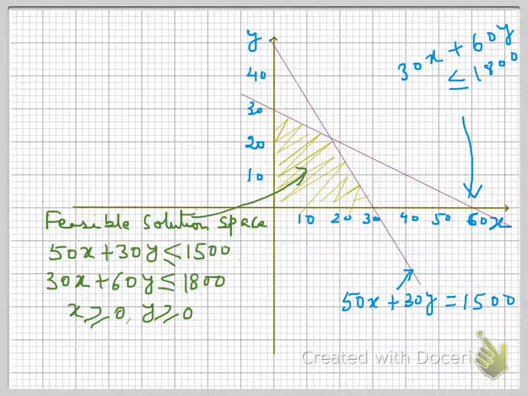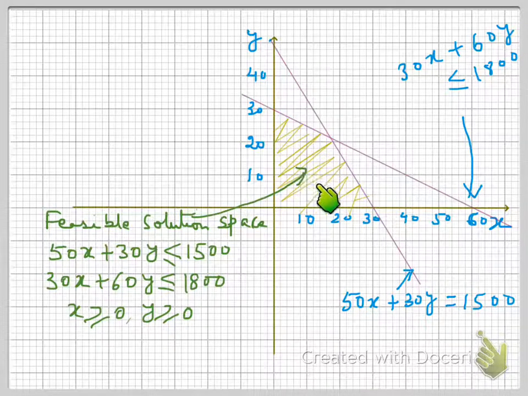We also have to maintain that x is greater than or equal to 0, that is this side, and y greater than or equal to 0, that is this side. So if we have to satisfy all these 4 constraints, that is 50x plus 30y less than or equal to 1500, 30x plus 60y less than or equal to 1800, and x greater than or equal to 0, y greater than or equal to 0, then we will have to operate in this area.